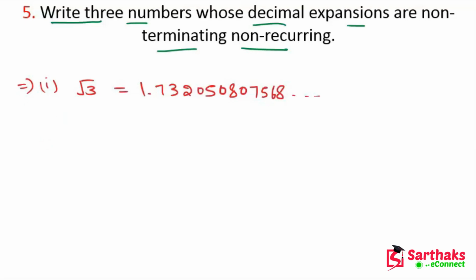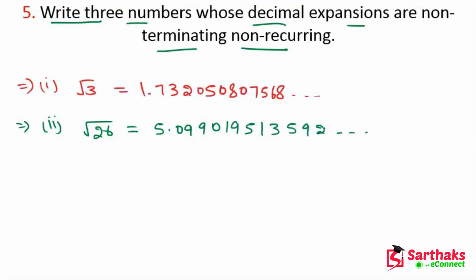Now the second example is under root 26. If we see the value of under root 26, this is 5.09901951392 and so on.